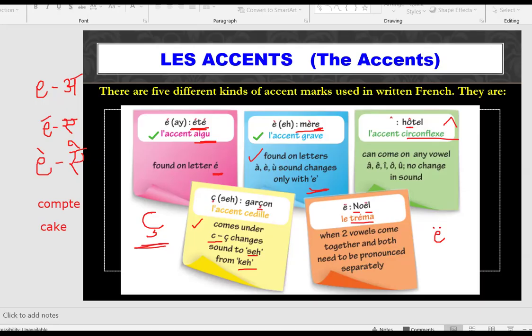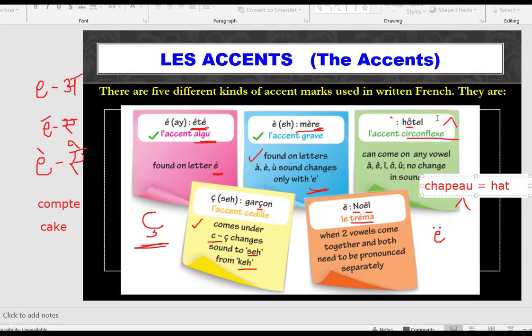So for example, if you see this word hotel like this, a chapeau, circonflexe is also called chapeau. Chapeau means hat in French. So it looks like a hat, that is why we say chapeau. So if you see circonflexe on words, you have to write the word as it is and learn the word as it is.